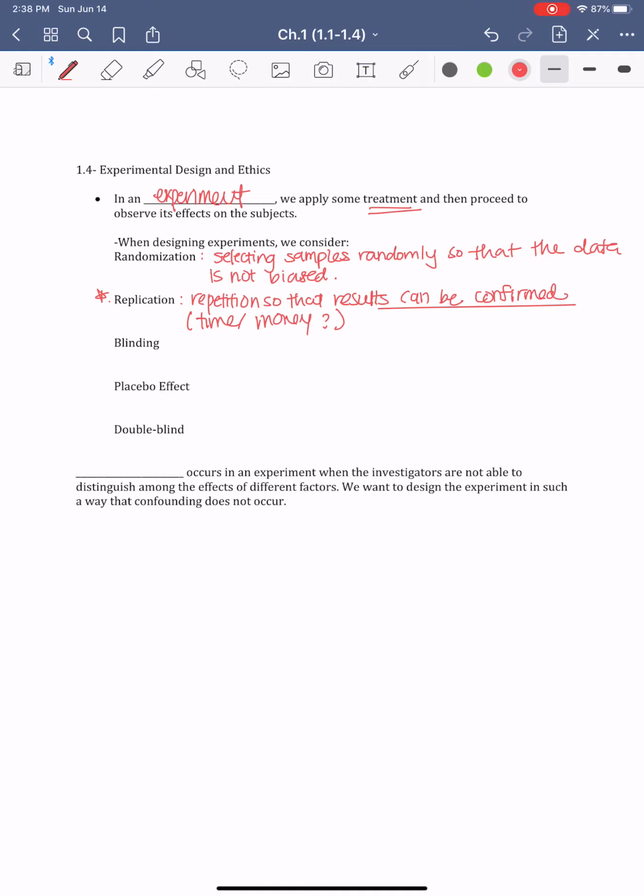Okay. Blinding. What is blinding? Blinding is when the subject doesn't know he or she is receiving treatment or no treatment.